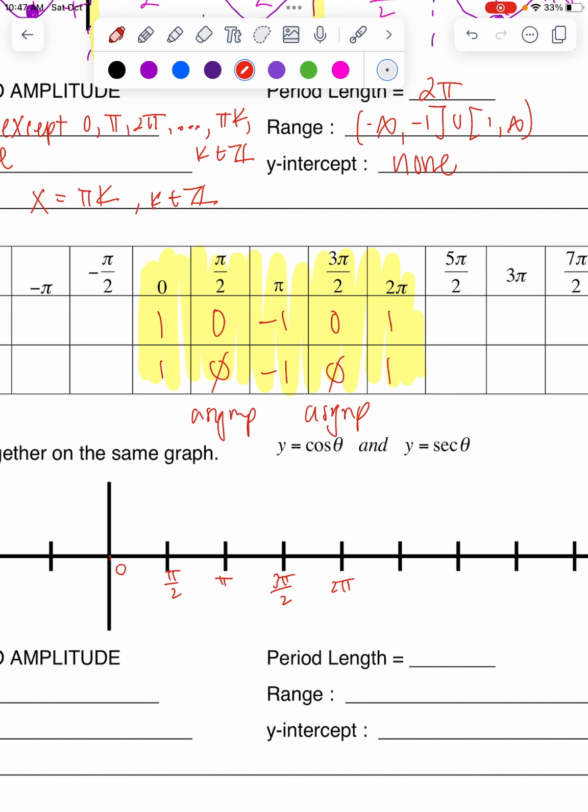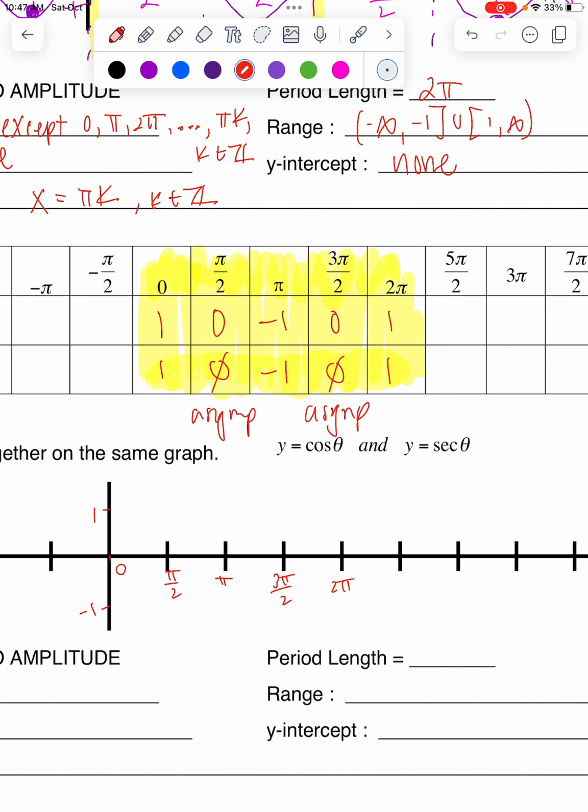I'm now graphing these values right here, and then these new values of our secant graph. Put 1 and -1 on my y-axis. And go ahead and start graphing out your points.